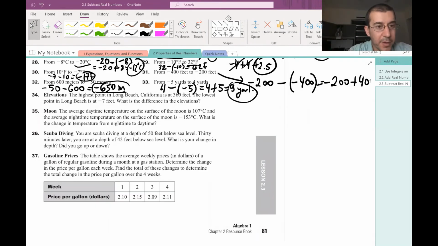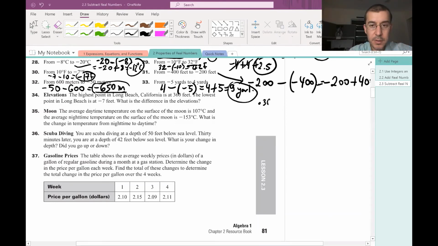Number 34, elevations. The highest point in Long Beach, California is at 360 feet. And the lowest point in Long Beach is at minus 7 feet. What is the difference in the elevations? So at some point is the 0, right? And then it's minus 7.